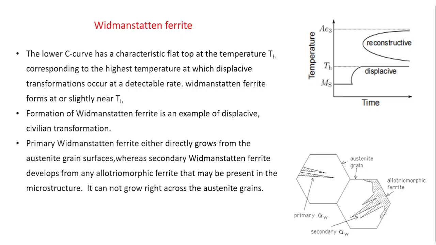At a temperature near TH, the ferrite formation occurs by a displacive but civilian means, and the transformation product is known as the Widmanstatten ferrite.